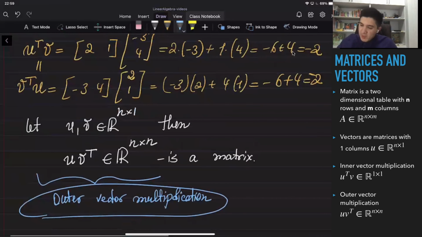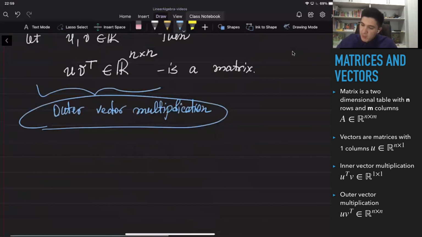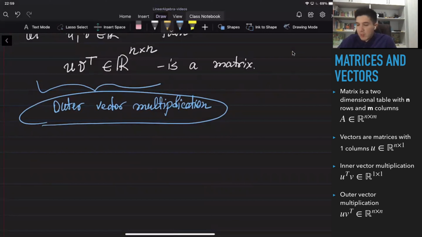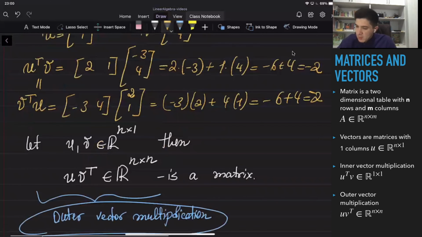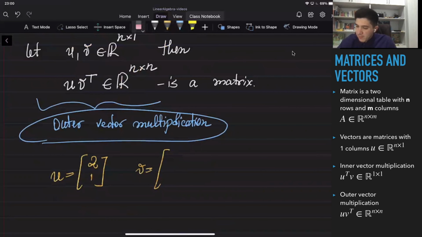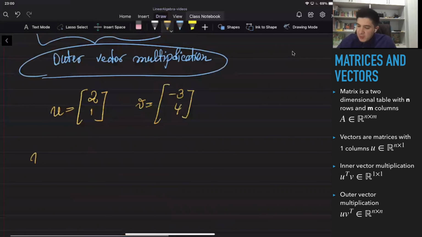Again, if you remember, we've got this example, 2, 1, minus 4, and 3 and minus 4. So let's say U is 2 and 1, and V is minus 3 and 4. If you multiply U V transpose, it is going to be 2, 1 times minus 3 and 4.